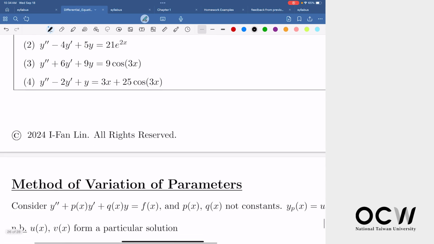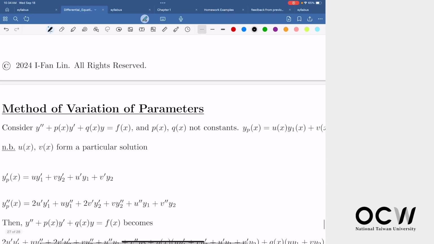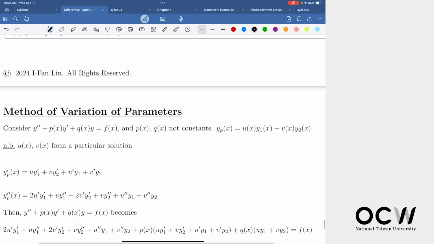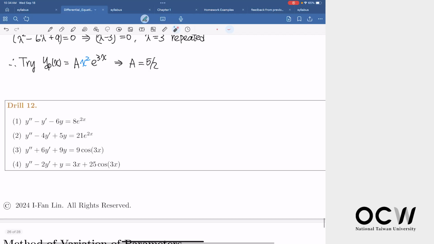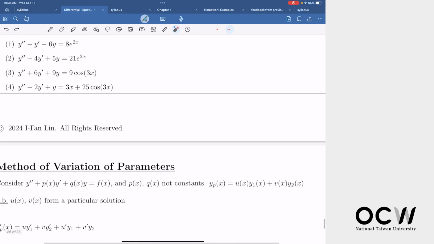The last form we are going to talk about is the method of variation of parameters. So in the past, we considered that all the p and q functions of x are constant. They have constant coefficients in the equation. But what if they are not constant?